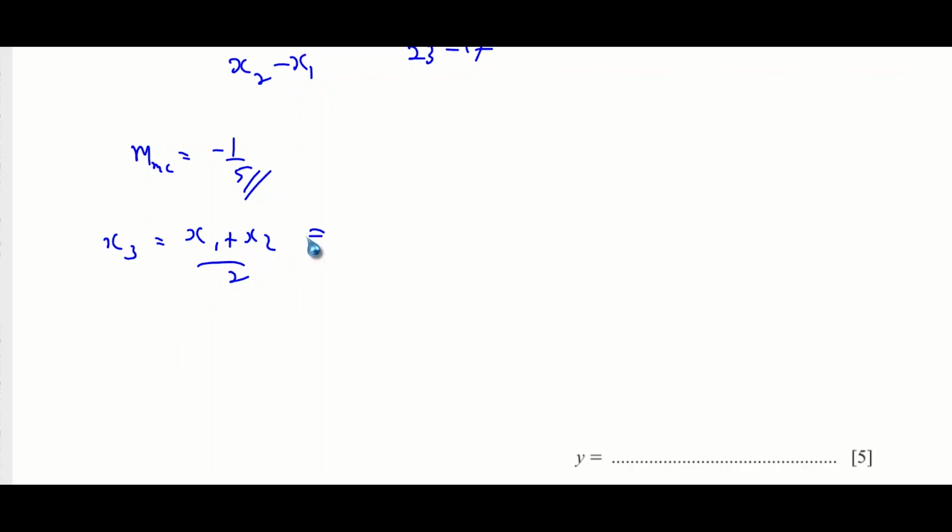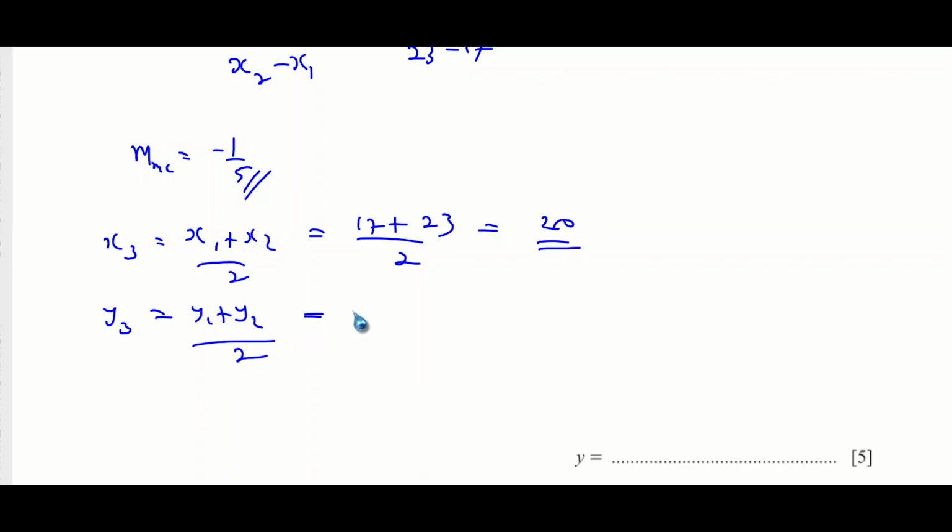This will be 17 add 23 over 2, which is equal to 20 straight away. Then y3 will be equal to y1 plus y2 over 2. This will be 39 plus 9 over 2, which is equal to 24 straight away.